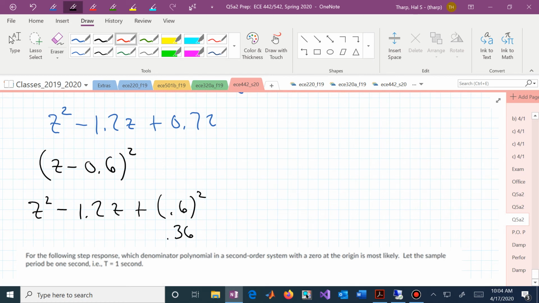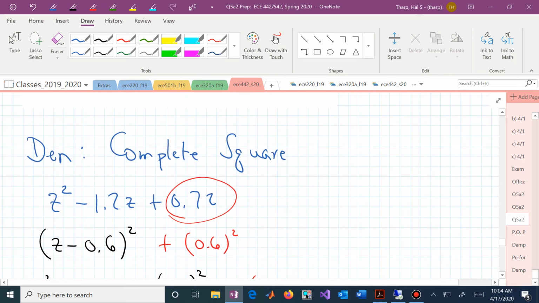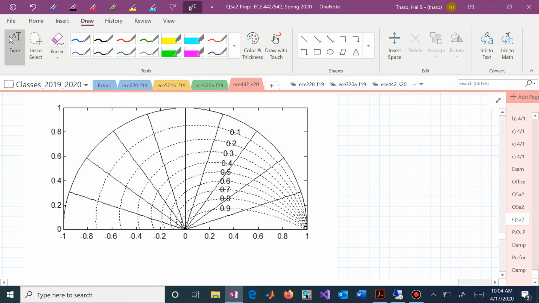We need to end up eventually with our constant being 0.72, so we now need to add to this 0.36 another 0.36 so that the total here is 0.72. Well, this is just 0.6 squared. So now we can put that information to use.